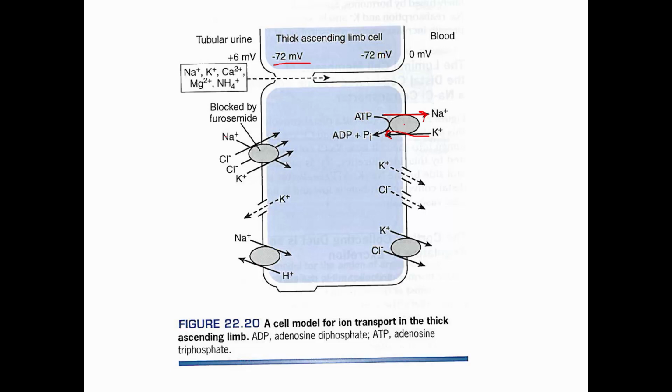And then sodium drives the transport of 3 other ions, 2 chlorides and a potassium. That potassium leaks out, comes back in. So we have a little cycling thing going on here with potassium, which is kind of fun. But we're pumping out sodium. Sodium's driving 3 other ions, and so essentially sodium, chloride, and potassium end up getting transported across this cell layer.